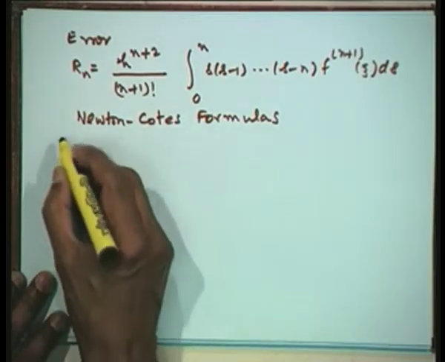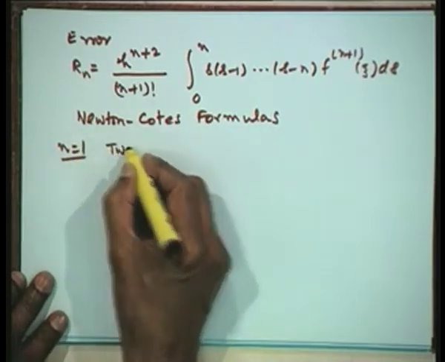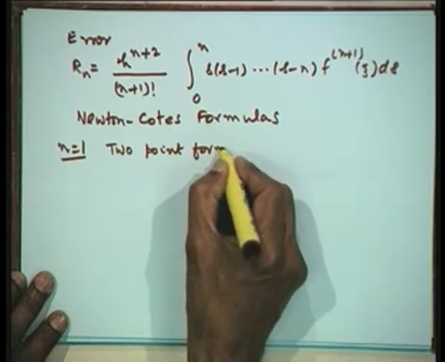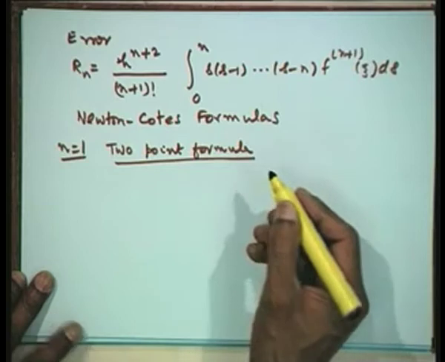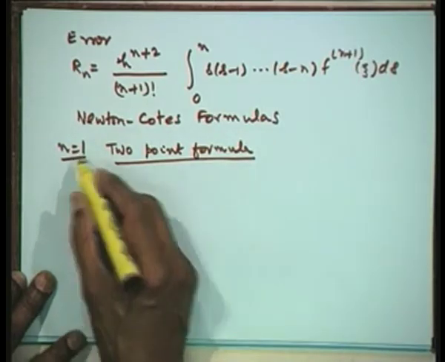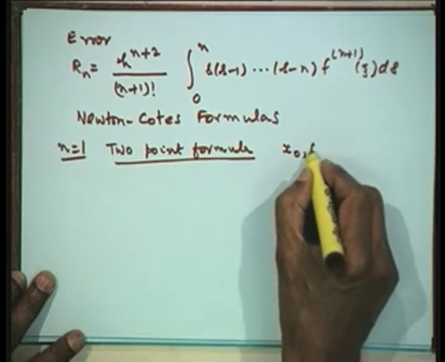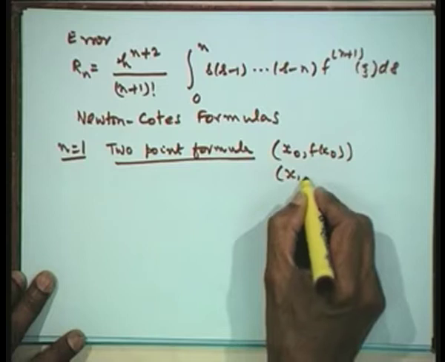Let us first of all take a case n is equal to 1, which is a 2-point formula. Remember, we are taking n plus 1 as the total number of points. So, if I take n is equal to 1, we are taking a 2-point formula, that is x_0, f(x_0) we are taking, and x_1, f(x_1).